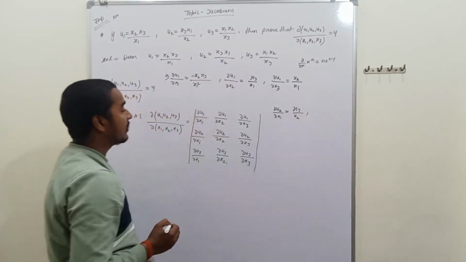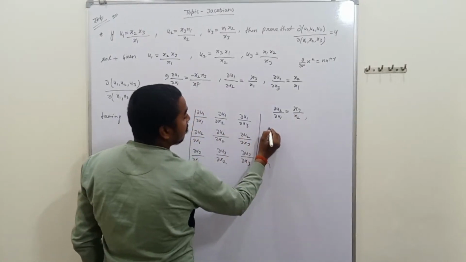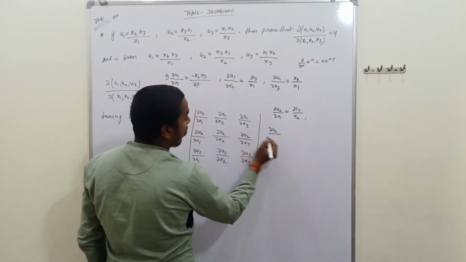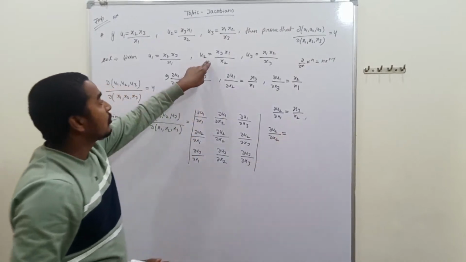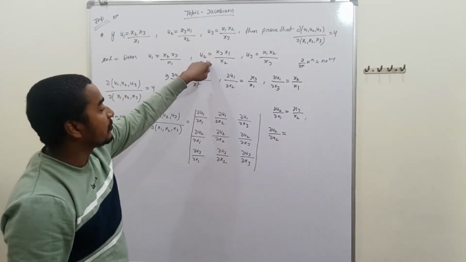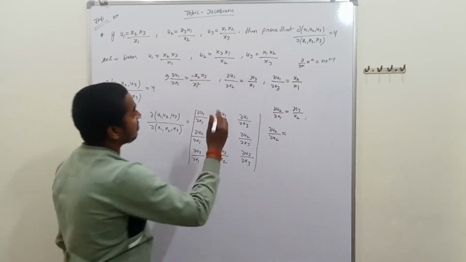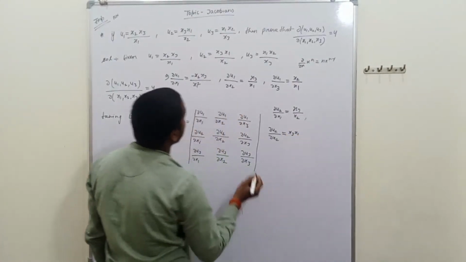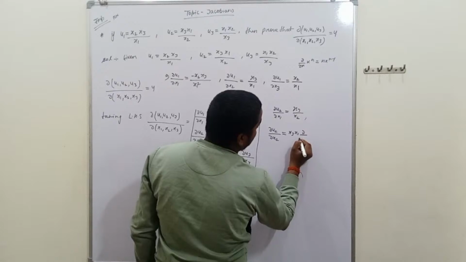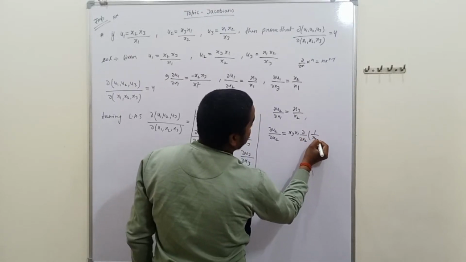Further we find del u2 upon del x2, the value of u2 differentiating partially with respect to x2, taking x3 and x1 as constant, that is 1 upon x2.